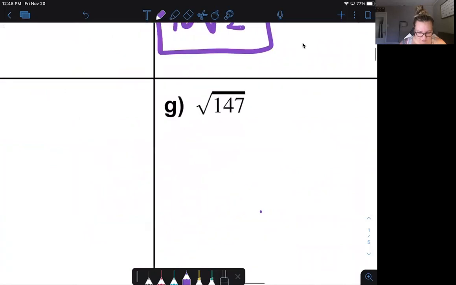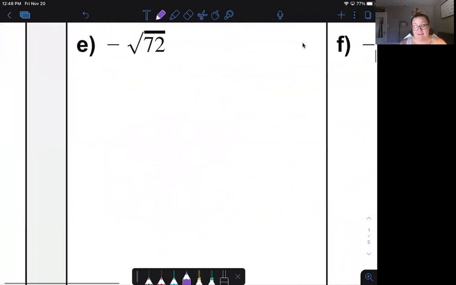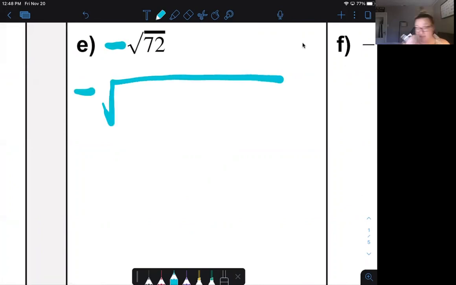All right, part E, the negative of square root 72. So because there's a negative out in front of the radical, we just leave it in front of the radical the whole time, because that just means -1 times the square root of 72. So then we still break down what's under the radical into its prime factors. So 72 is what? 2 times 36.